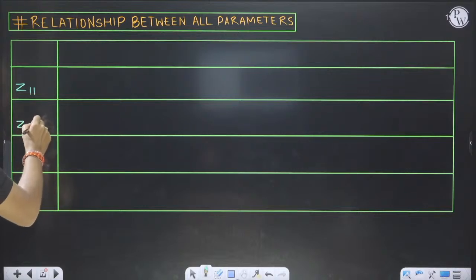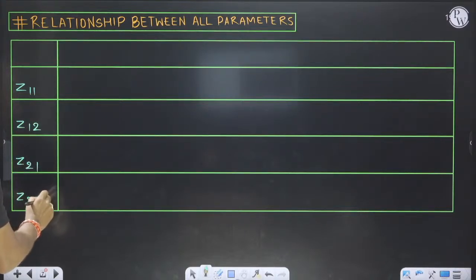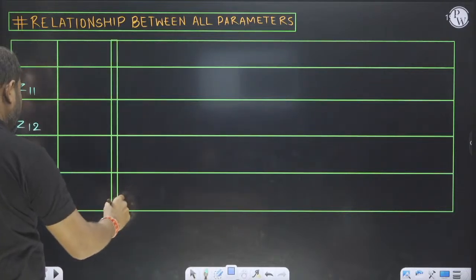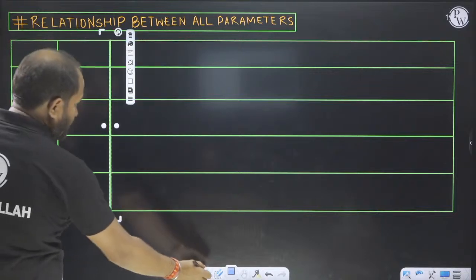First of all, in terms of Y parameter, what will it be?